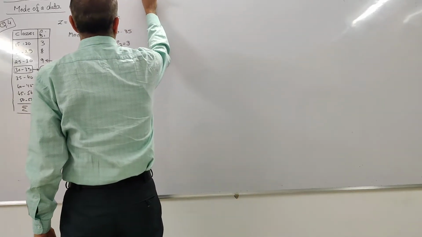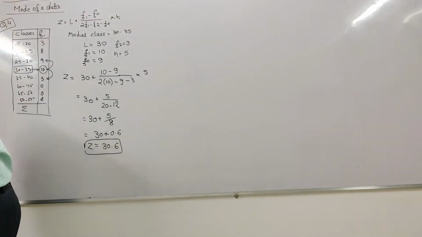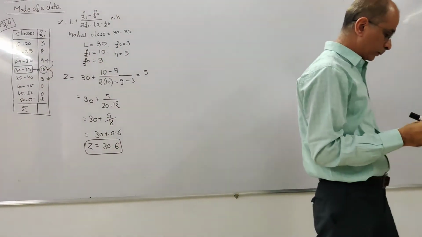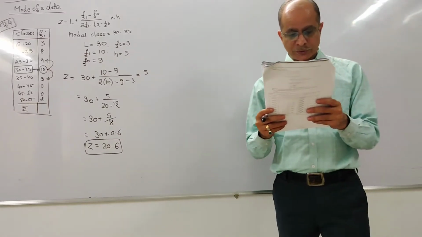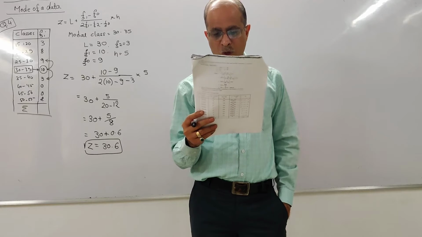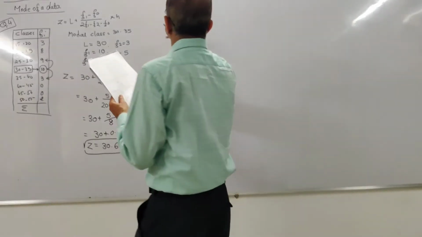Now question number 5. Again, this exercise is for the mode of a data. Let me start example number 5 of exercise 14.2. The given distribution shows the number of runs scored by some top batsmen of the world in one-day international cricket matches.